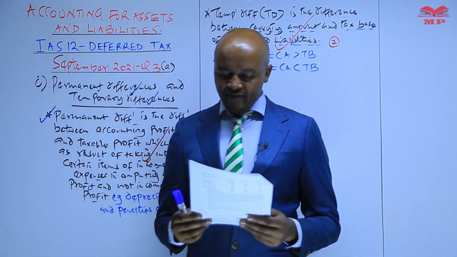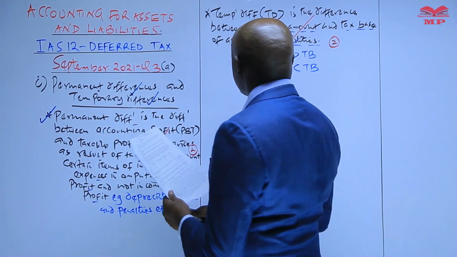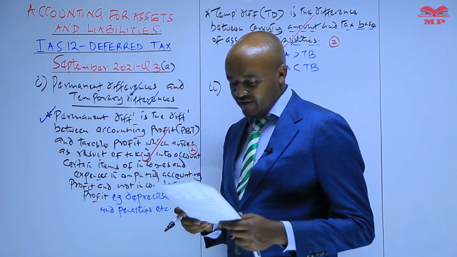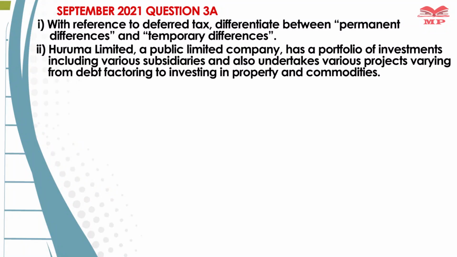Okay, so then we have Roman 2 of that question. That was Roman 1. So for Roman 2, let's go through the information and see what was being required. We are told Huruma Limited, a public limited company, has a portfolio of investments, including various subsidiaries, and also undertakes various projects varying from debt factoring to investing in property and commodities.